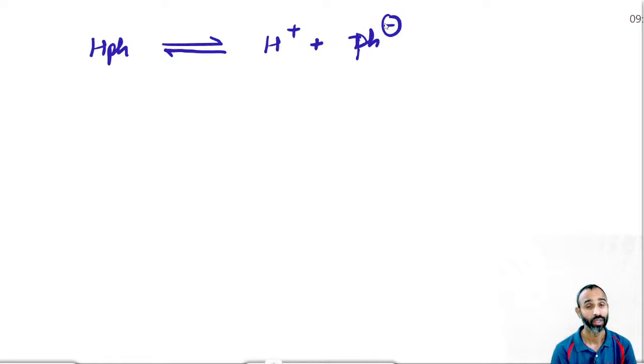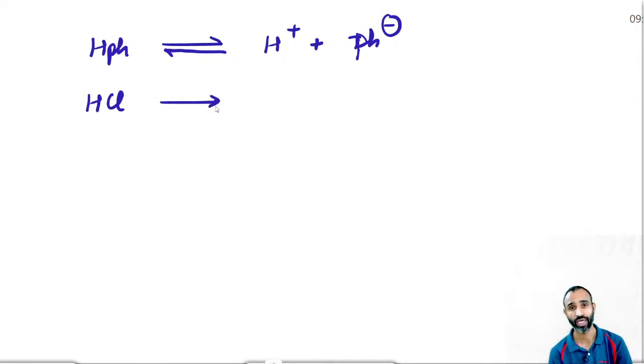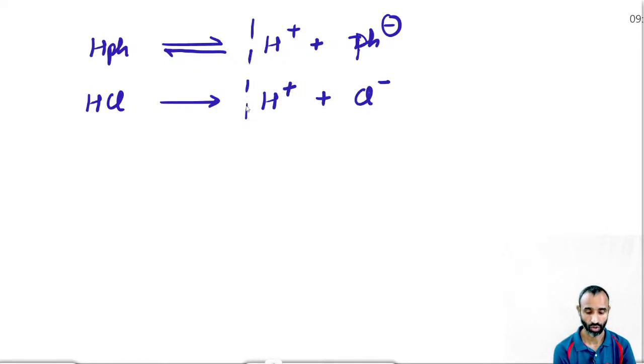That's why, when we have a weak acid indicator like phenolphthalein, let us write it as HPh. If we add acid to it, what happens? If phenolphthalein is added in HCl, in HCl there are H plus and Cl negative ions, and there is a common ion.